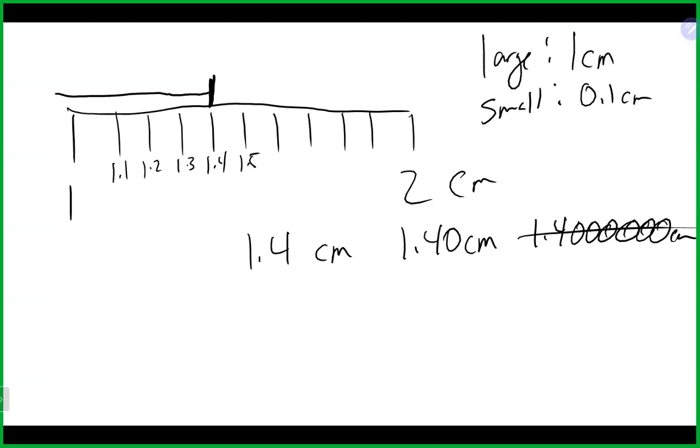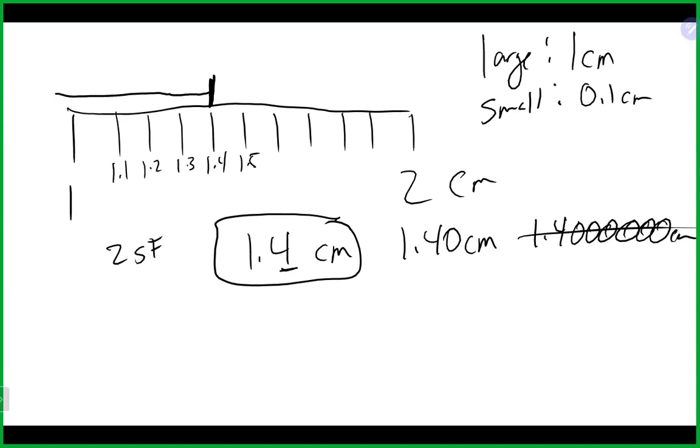So let's take a look at each of these measurements and understand the meaning of the difference between them. Let's start with the 1.4. How many significant figures would this 1.4 have? It would have 2 significant figures. The uncertain number here is the 4.